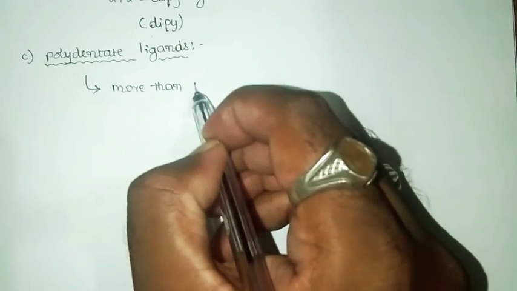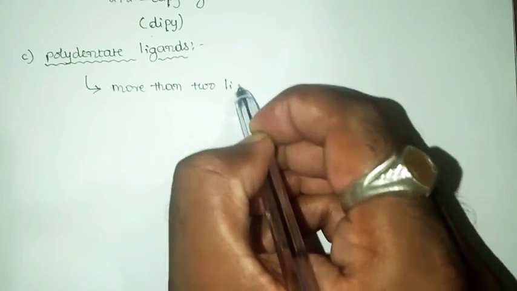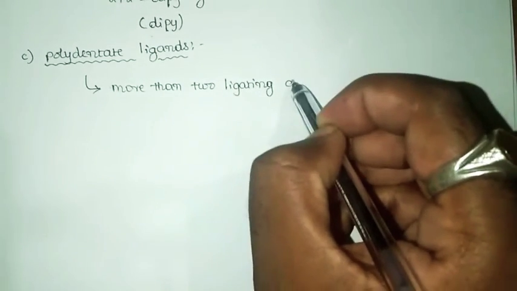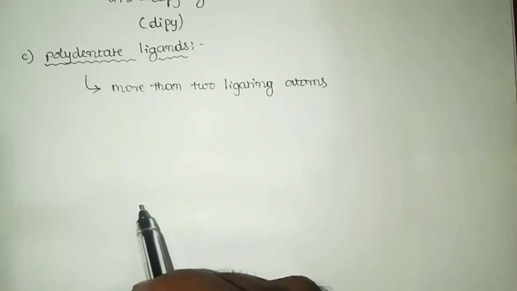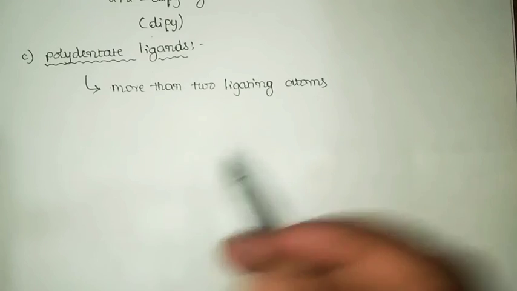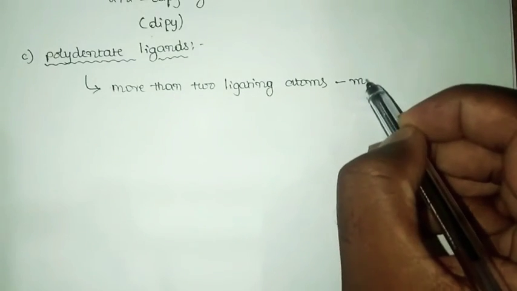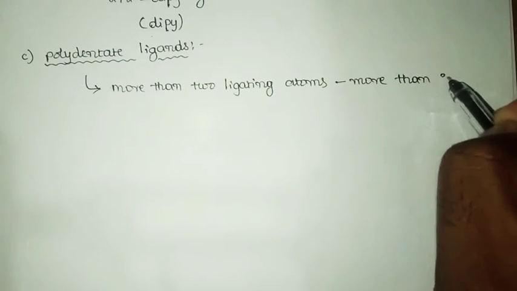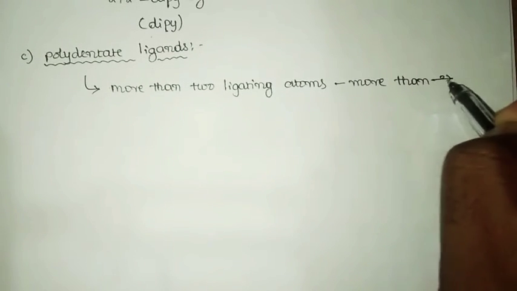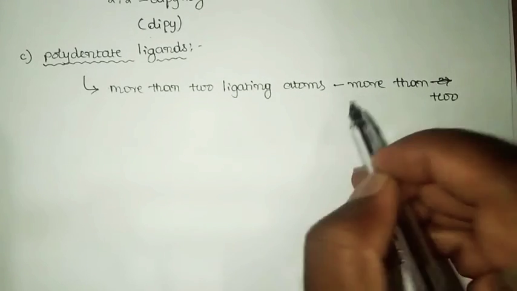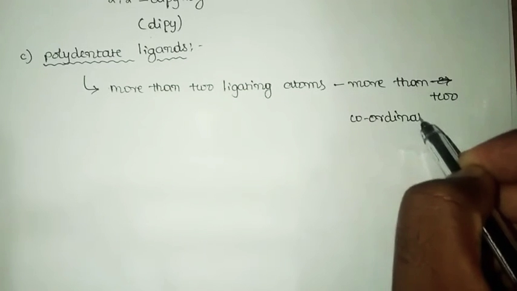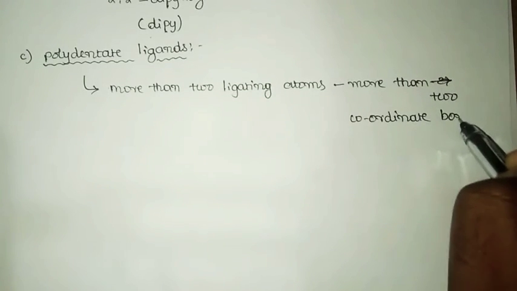So if a ligand is having more than two ligating atoms, then that ligand will be having capability to donate more than two electron pairs to the central metal ion or central metal atom, so as to form more than two coordinate bonds with the central metal atom or central metal ion.